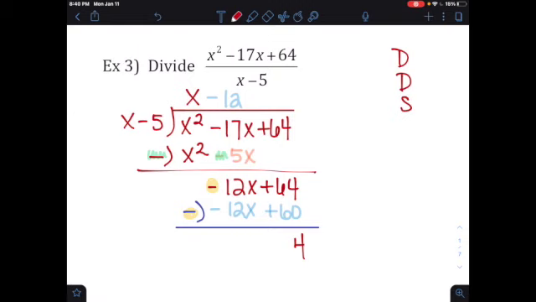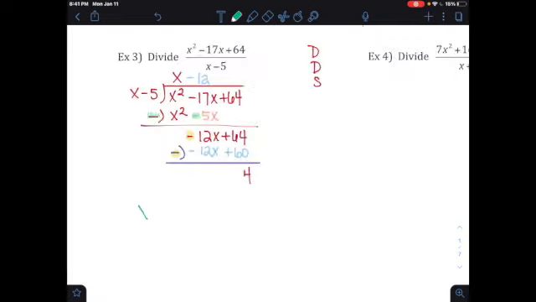Once you do 60, you'll have negative 12x minus negative 12x. You'll have 64 minus 60. Positive is going to be a negative. So 64 minus 60 gives you 4. The answer will be x minus 12 plus, always plus because that's attaching the next fraction. The 4 on the bottom goes on top, over x minus 5. And that will be your answer.